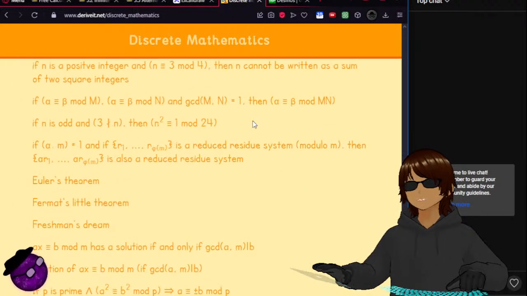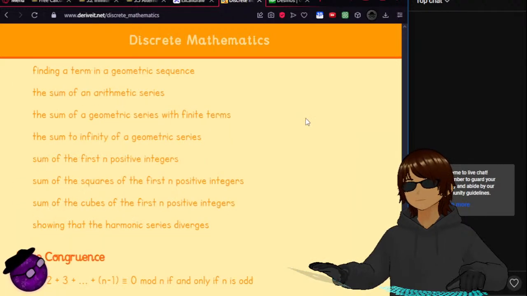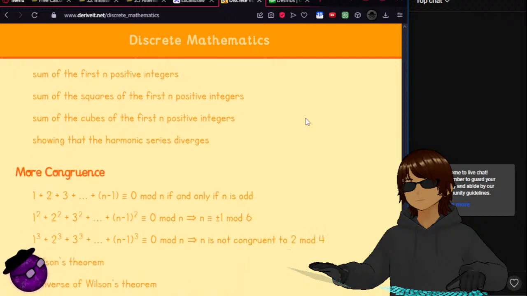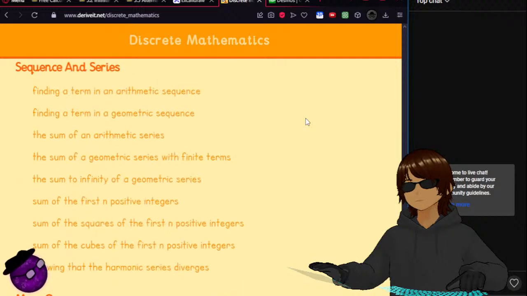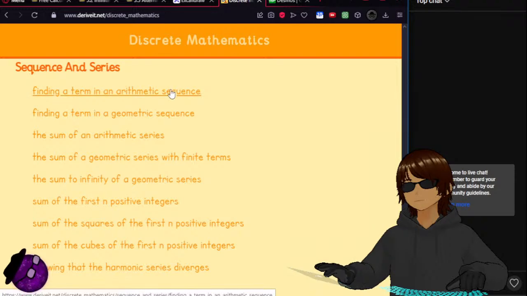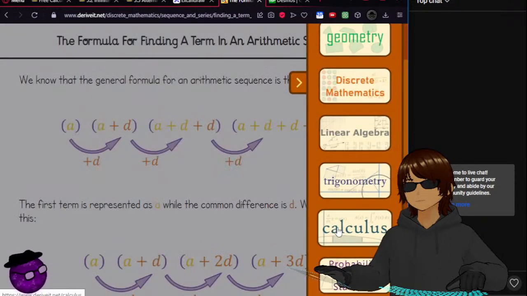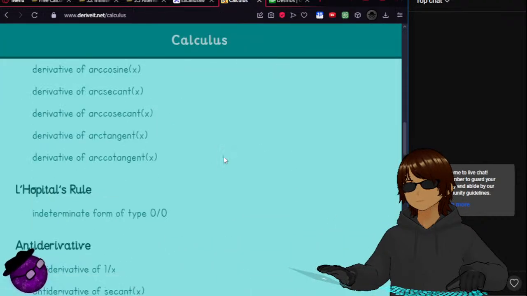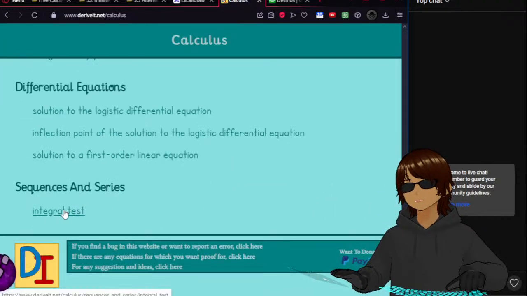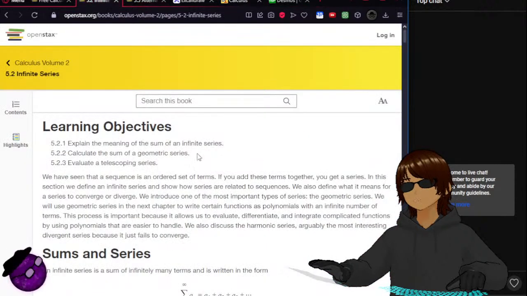Did I write about the divergence test? Did I write it here? No, I wrote the integral test, but not the divergence test.